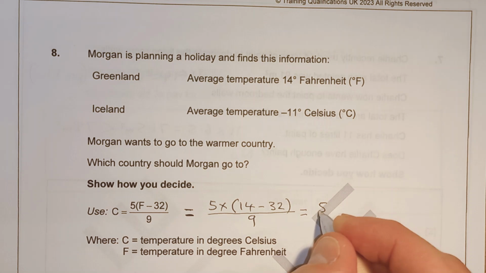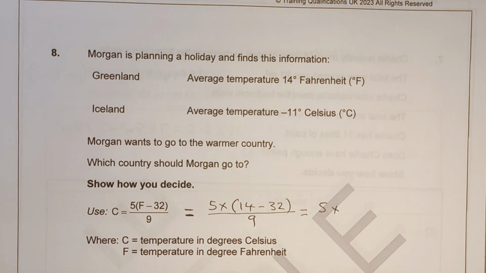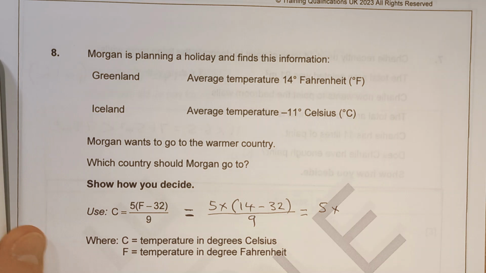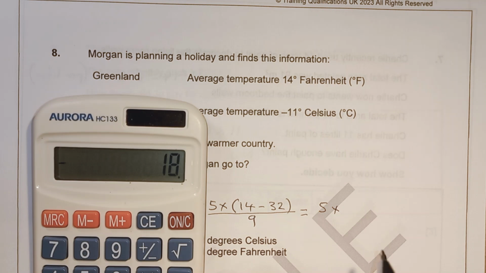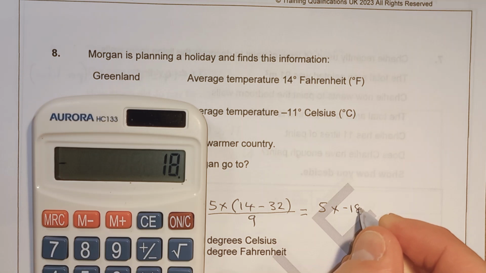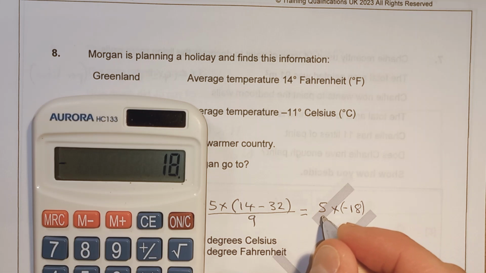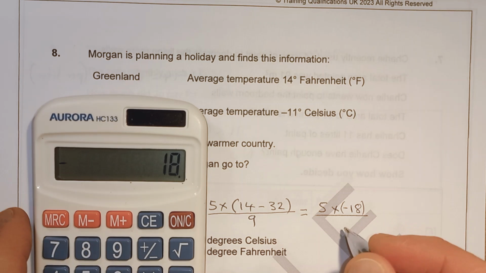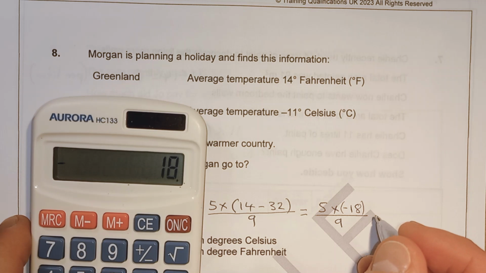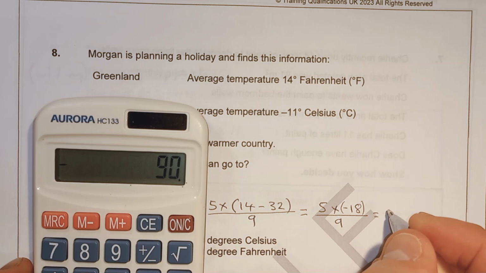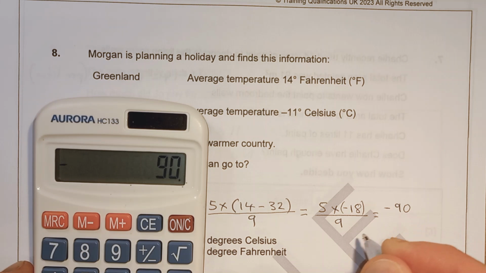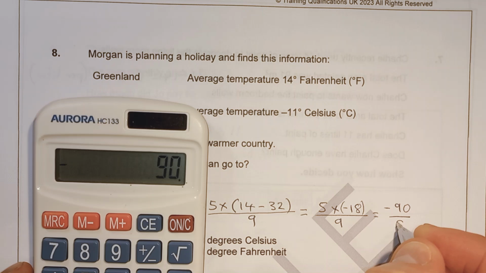So the 5 is still there, 5 times, but 14 minus 32 is minus 18. So sometimes we write that in brackets to show the minus goes with it, and then we divide it by 9. Well, if we've got minus 18 multiplied by 5, that's going to give me minus 90. And it's still divided by 9.